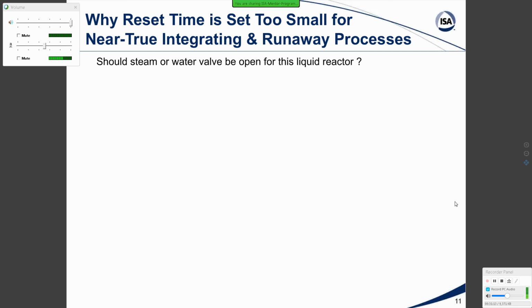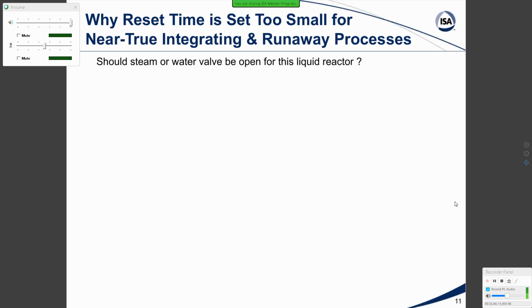Reset is particularly helpful if you've got a disturbance that just keeps growing, and so you've got to keep driving that controller output to try and catch up with it. But for that step disturbance, typically the way we look at control loops, we have to realize that we really are not doing ourselves any good by having this excessive reset action.